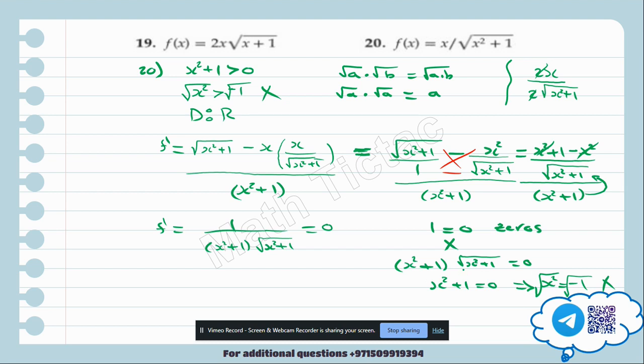The same thing happens with the second factor, so the first and the second are the same. That means I have no undefined values. So no zeros, no undefined values, which means we have no real critical numbers. That's it. Since we have no critical numbers, we cannot find any local maximum or local minimum points.